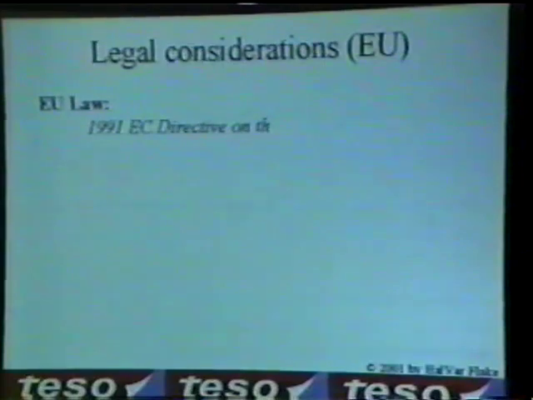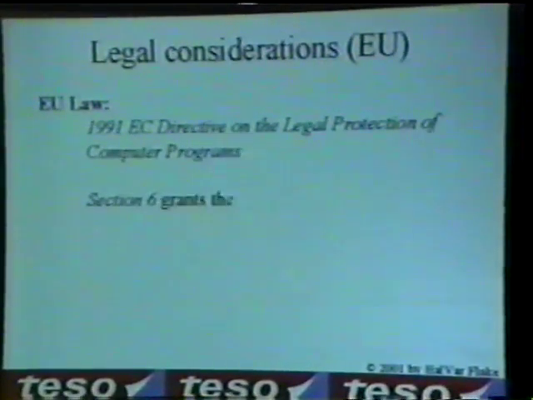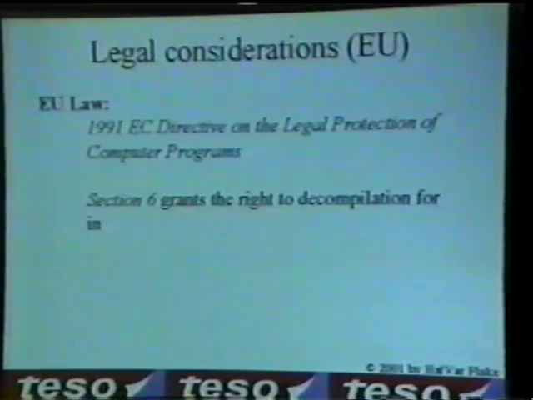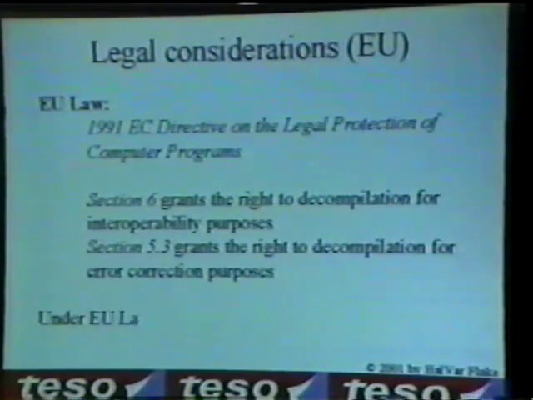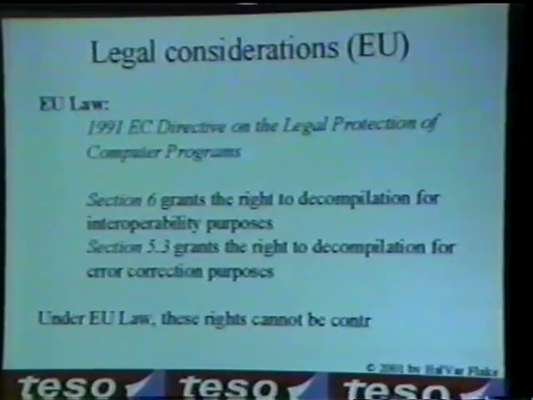There is a European Union law dating back to 1991, which is an EU directive on the legal protection of computer programs, which is not really a law, but a directive to courts to act in a certain manner. So it is a bit of weird European Union politics. It grants everybody the right to decompile programs for interoperability purposes and for fixing bugs, for error correction. Now, it does not allow you to find errors.